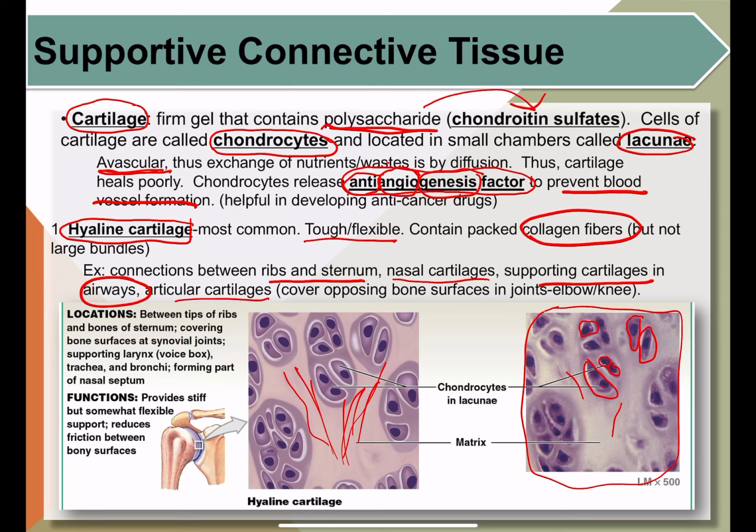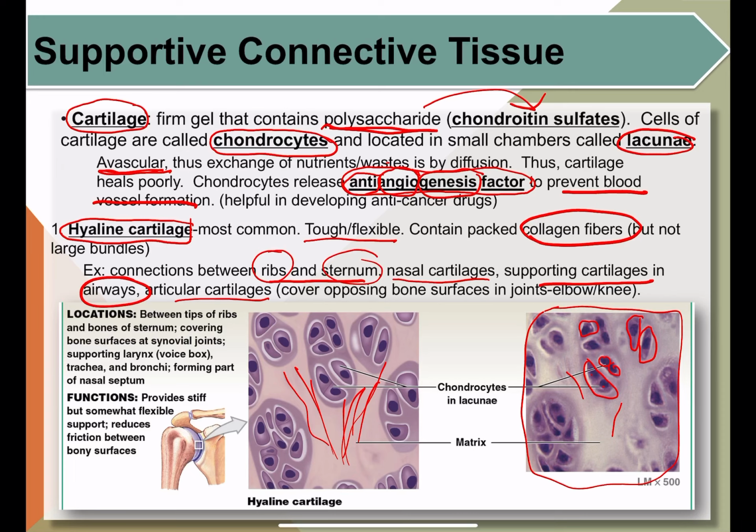So that's why hyaline cartilage is mainly for keeping the shape of that part of the body, or making sure the joint between two bones is somewhat flexible, and that's why it's between the ribs and the sternum. Sternum is that middle bone that covers up your chest. And hence, when you breathe in, breathe out, your ribs expand in size and contract in size as well.